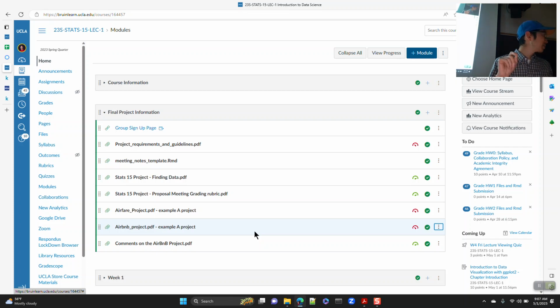I keep changing some of the specifications for the modeling portion, so I'm going to make a couple updates to the modeling portion, but I liked the data exploration and the things they've done, and so I have these there. I wrote some comments on the Airbnb project. I'll probably write some comments on the airfare project, just pointing out the things that I liked.